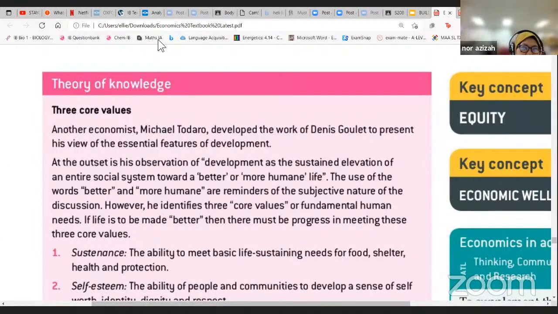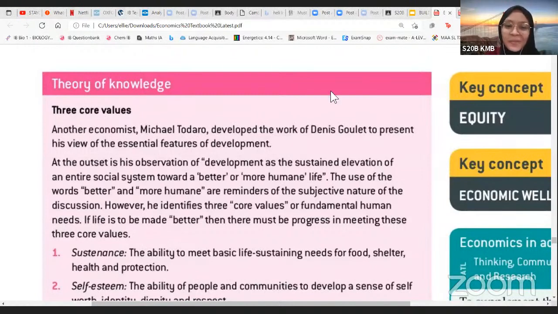Buat masa remedial lah. So that kita boleh, okay, remedial kita pukul 3.50 kan?